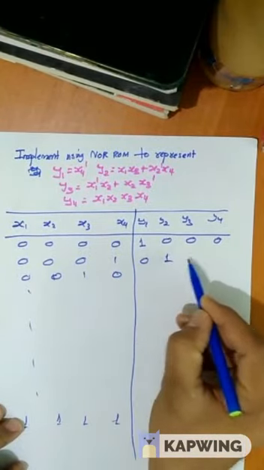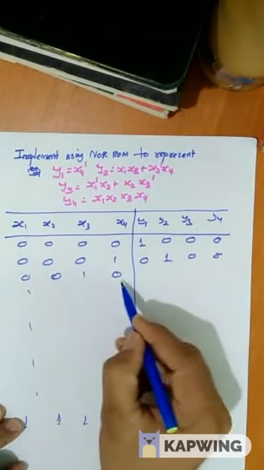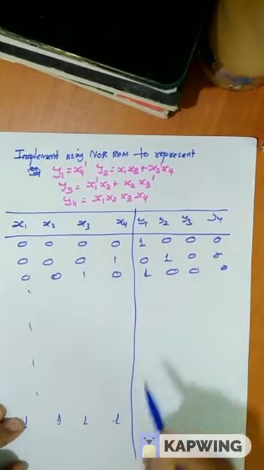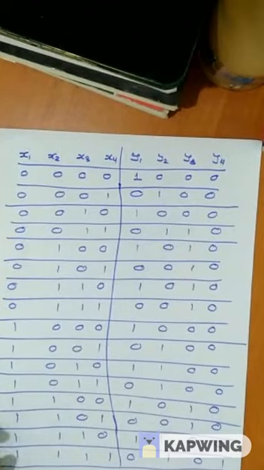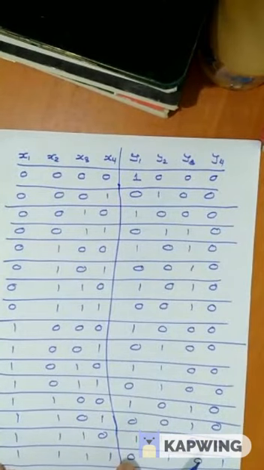Correspondingly, for 0 0 1 0, you get 1 0 0 0. And we are having the last output. Similarly, you will be able to write for all other combinations. So for all other combinations, your input and output is like this.